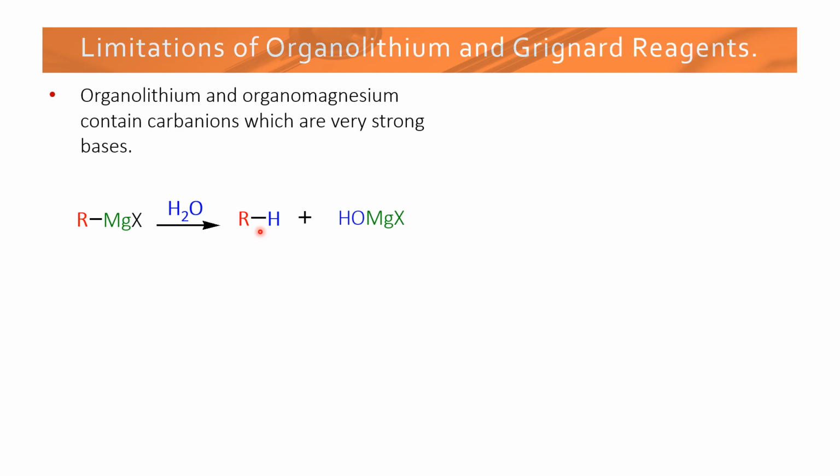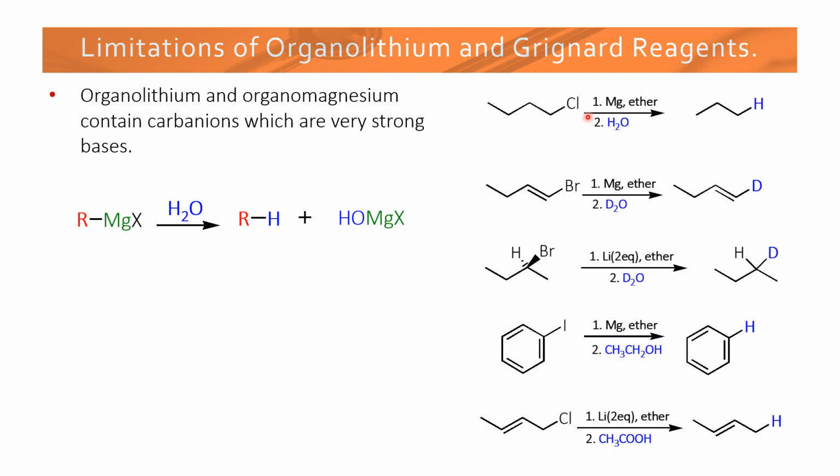See here, for example, I have an alkyl halide reacting to give a Grignard, and you end up with the alkane. Here you can see we can generate the Grignard, react it with deuterium oxide, and realize the deuterated species.